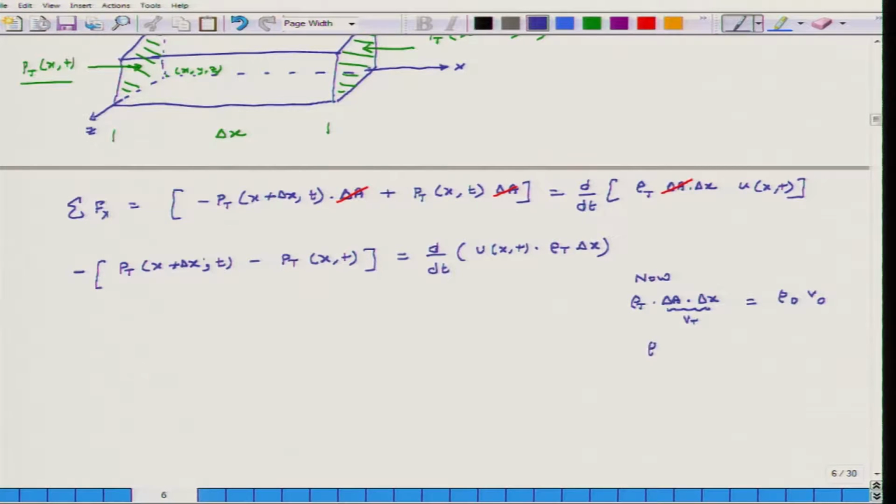So, I can write rho(t) V(t) equals rho naught V naught.